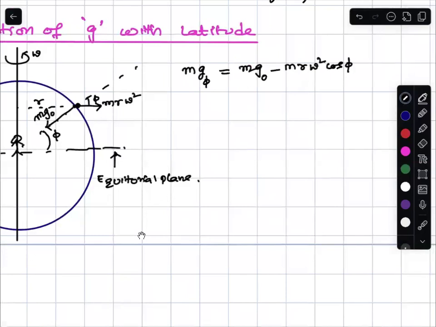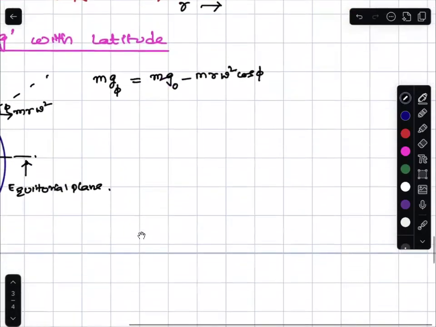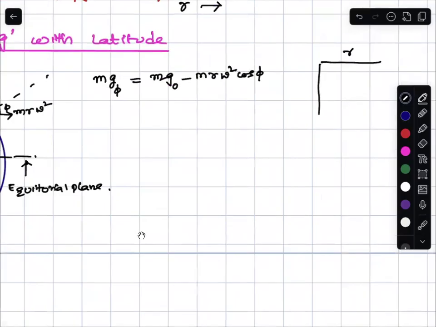Boys and girls? But what is r? If you see the geometry over here, this is R, capital R, and this is phi. Agreed? Arya, don't compromise. Agreed or not? So what you can write, r is nothing but R cos phi.